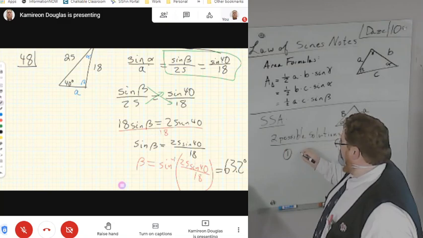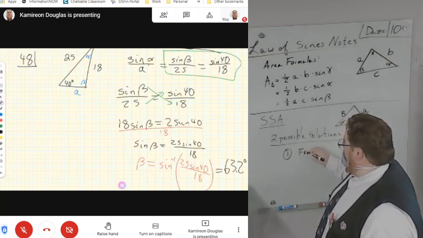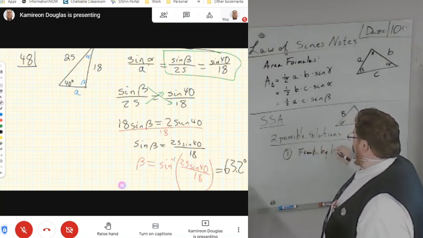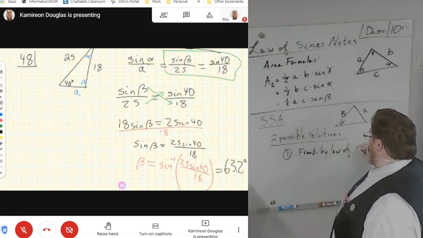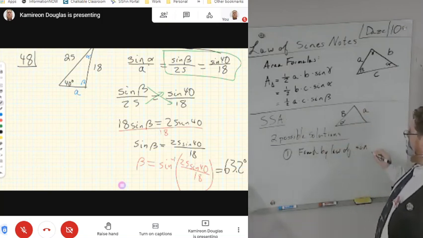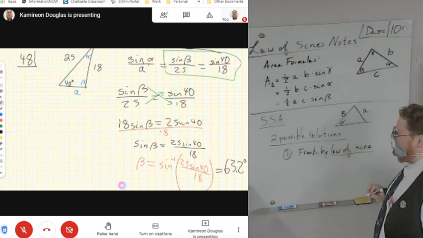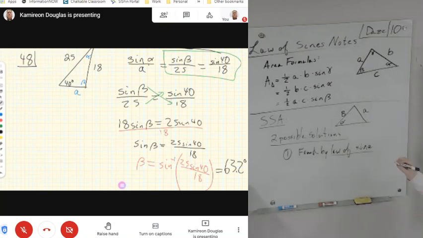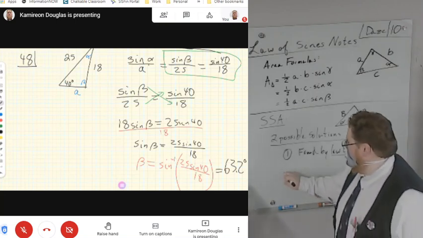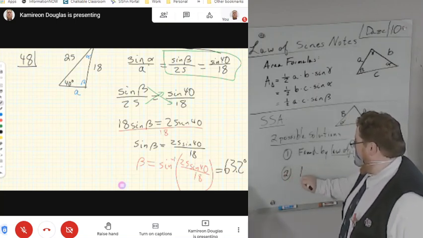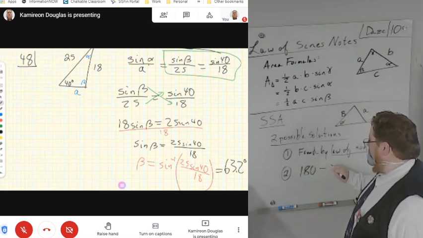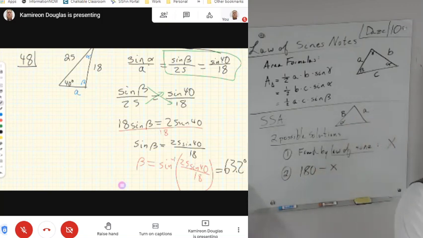Solution number one is found by law of sine. Let's call that number x. I don't want to use alpha, beta, or gamma because I don't know which one it is, so let's call it generic x. How do we find the other solution? The other solution is simply 180 minus x. That is the other possible solution.